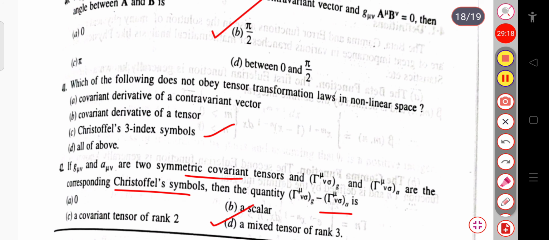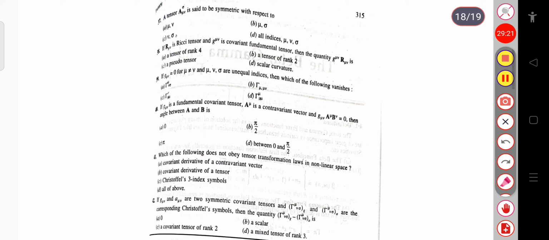So these are some questions which are important for your exam, and we have also solved the questions that were asked in your previous year exam. Basically the question being asked is: if an antisymmetric tensor is given of rank 2, then you have to simply calculate the total number of independent components available. You just have to remember this will be n into n minus 1 by 2, and you have to check the nth dimension.